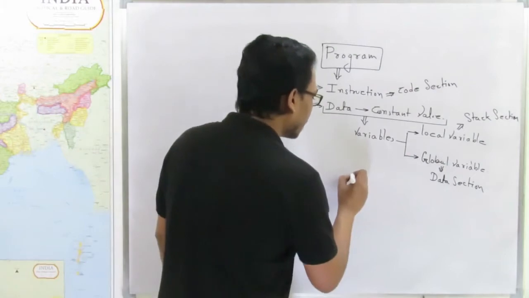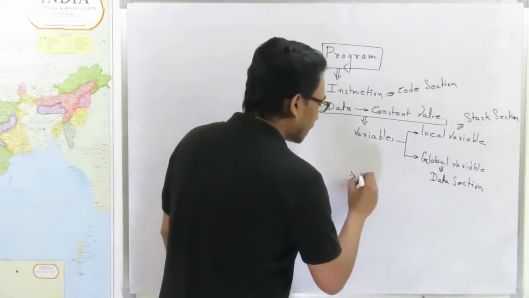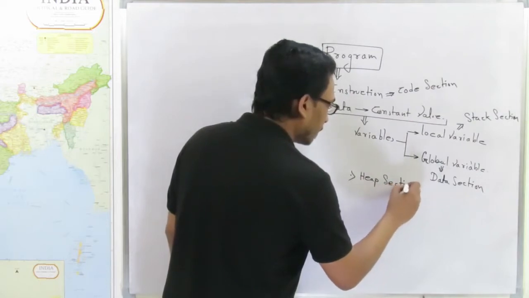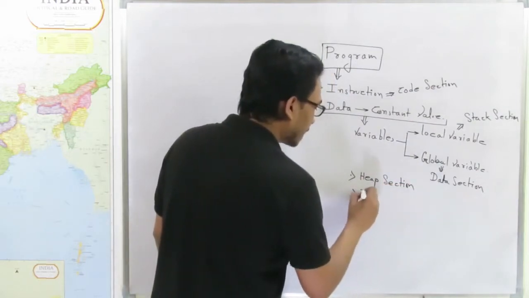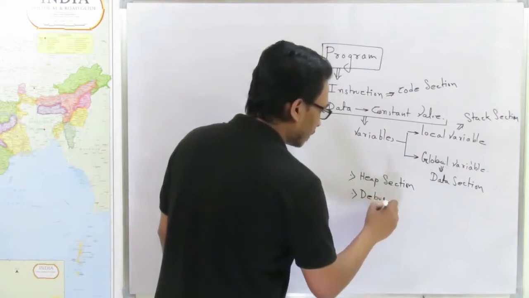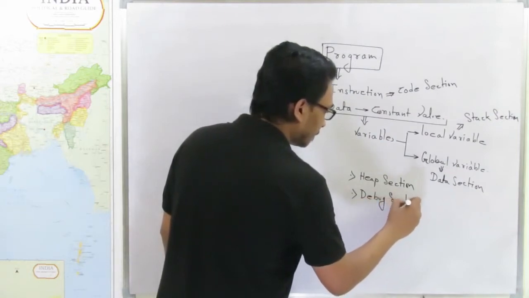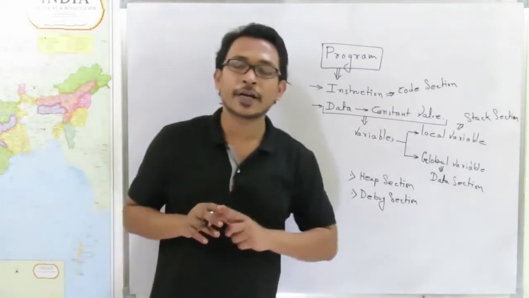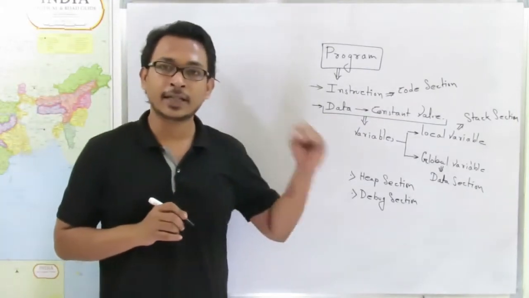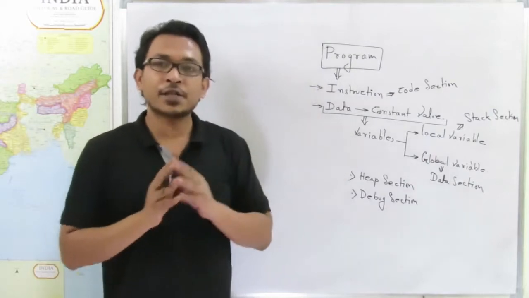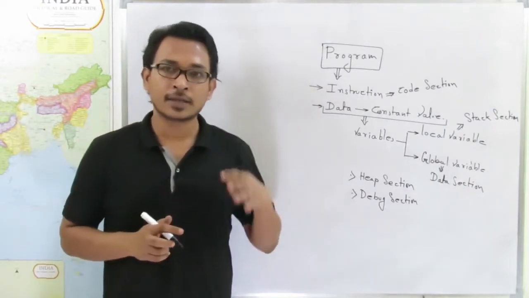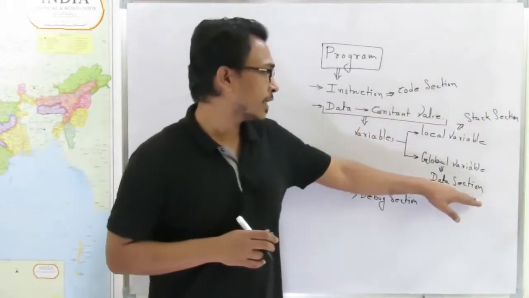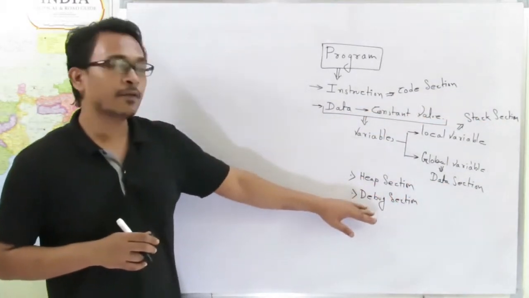First one is heap section and then we have debug section. So whenever memory is allocated for any particular program, that memory is divided into a total of 5 sections, and those sections are code section, stack section, data section, heap section and debug section.